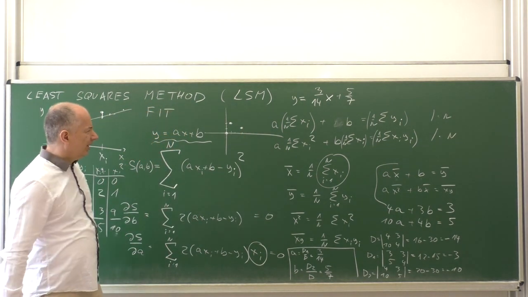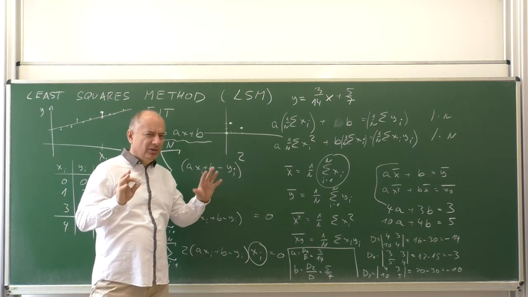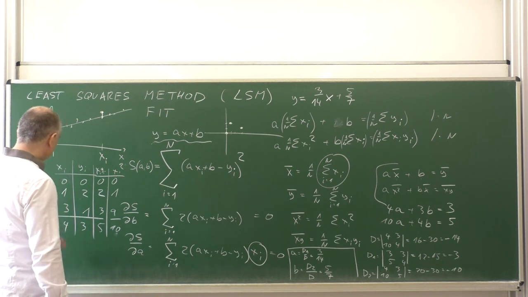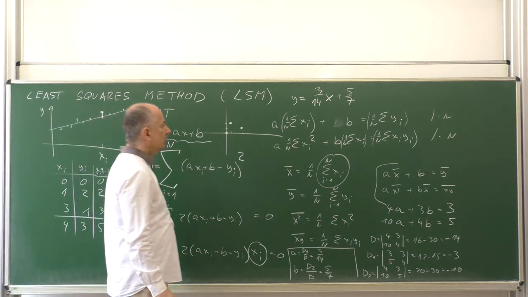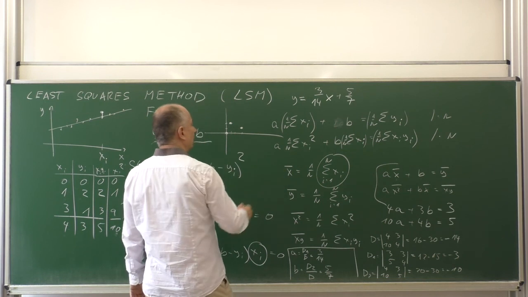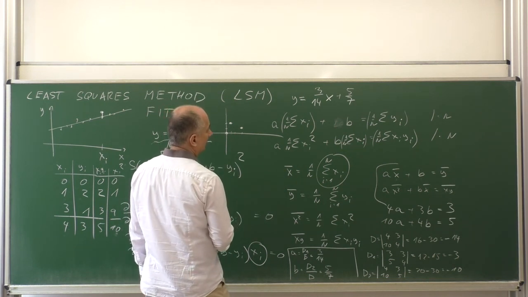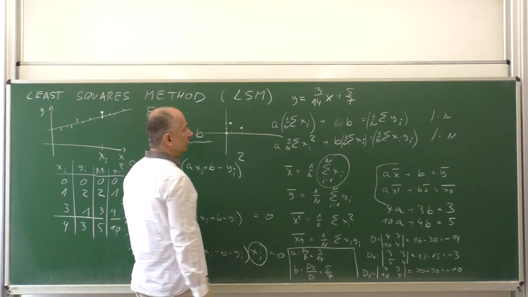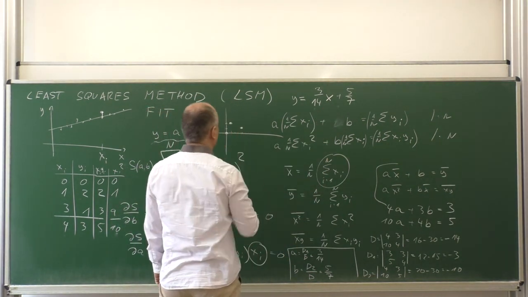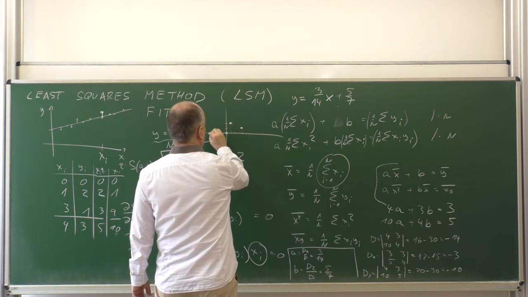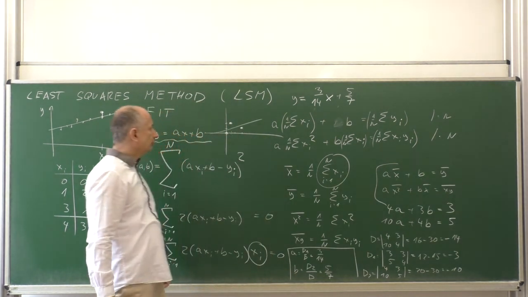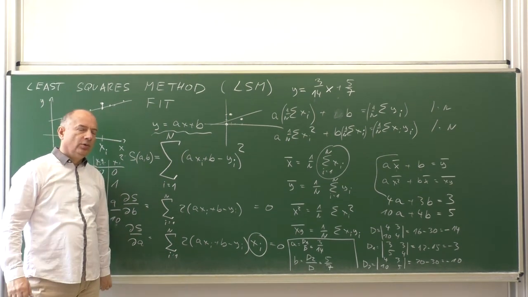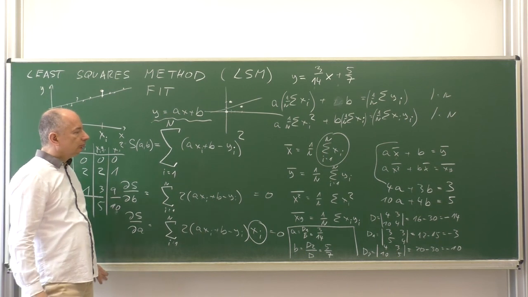Well, I must say these points do not look very much like they lie along a straight line. And the equation, well, this coefficient is very small, close to 0, and this is some small number. Well, yeah, this choice of points was not very clever.